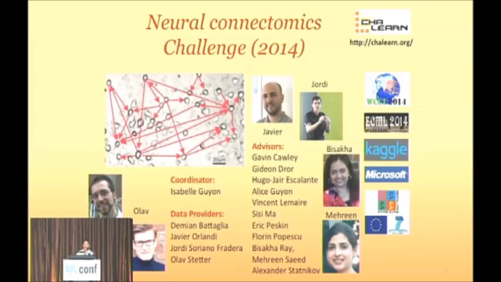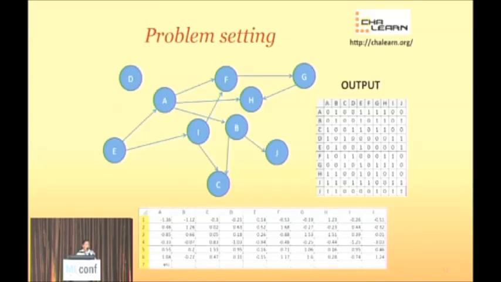I didn't tell you a whole lot about network reconstruction. I focused on only these pairs, but we did run other challenges. One of them was on unraveling the structure of neural networks, real neural networks, the ones from the brain, from imaging data. And here the problem setting was really similar, except that the rows representing the samples are now time ordered.